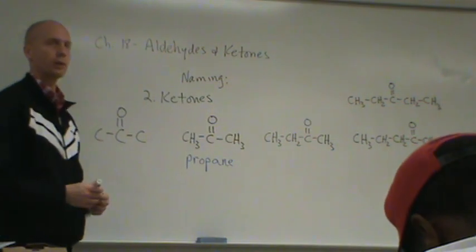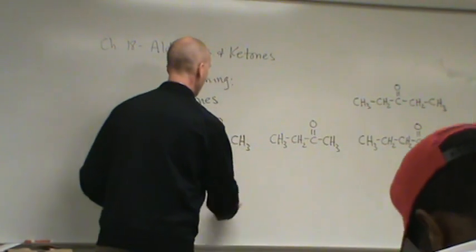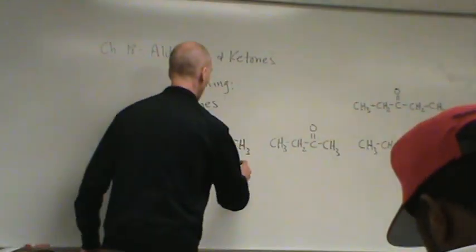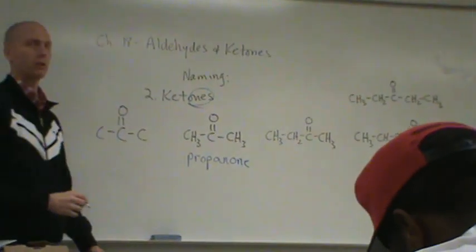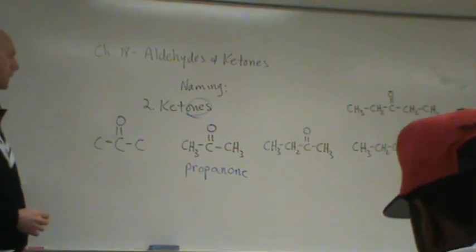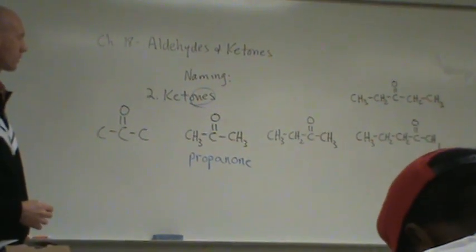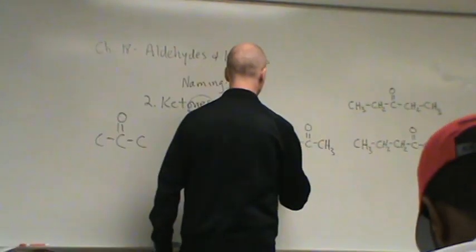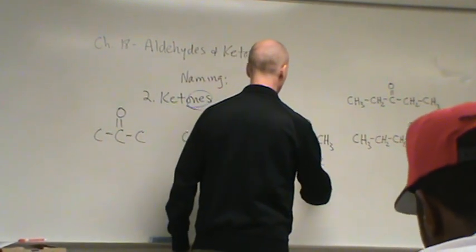Okay, so what we do with this one is we drop the E. Okay, instead of adding -al, now we add -one for ketone. Okay, so that's the ending for ketone, so we get propanone. Okay, next one, 4 carbons long. Butanone.